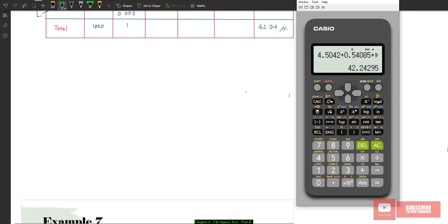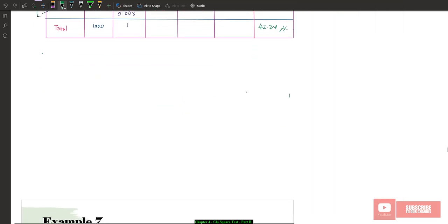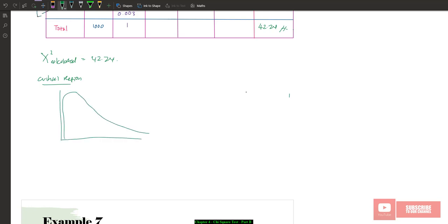So now the next step, we know that chi-squared calculated is equal to 42.24, and the critical region is, let me draw the distribution curve. So this one is our alpha 0.05. This is our chi-squared calculated.